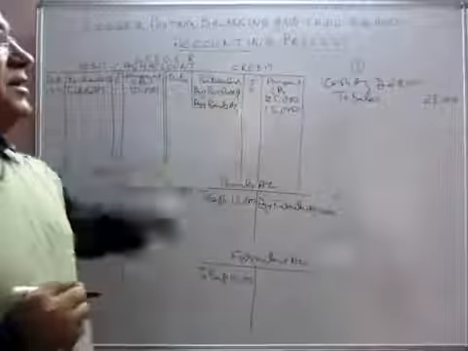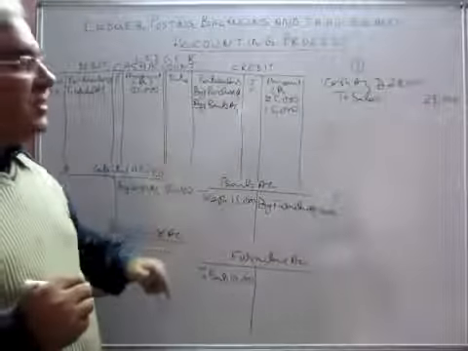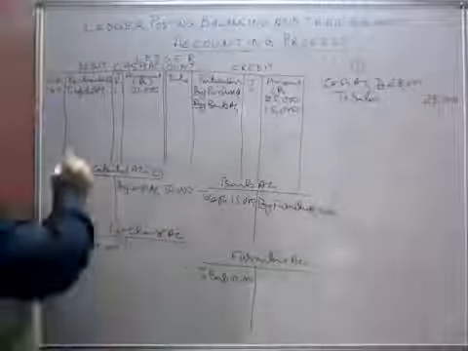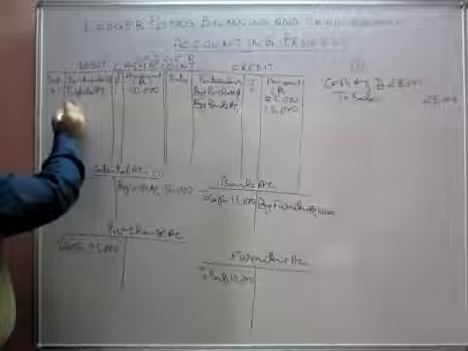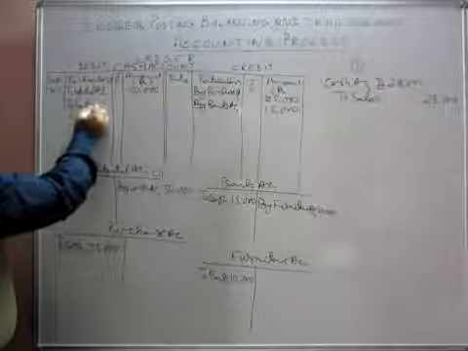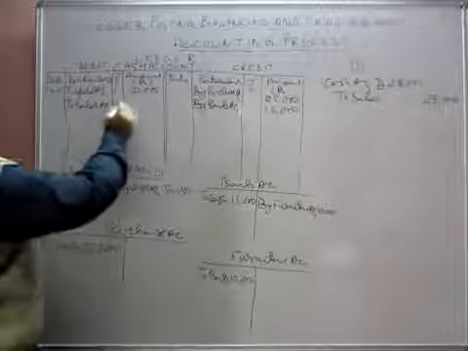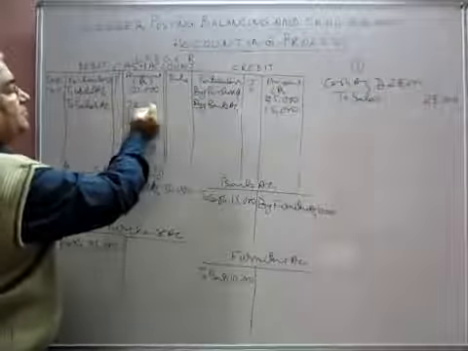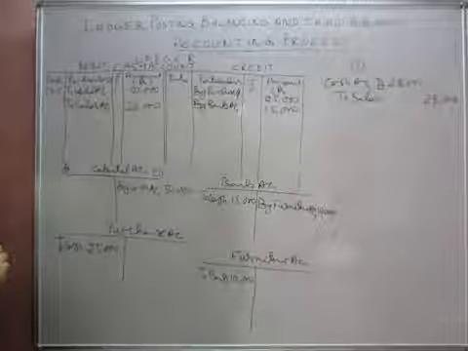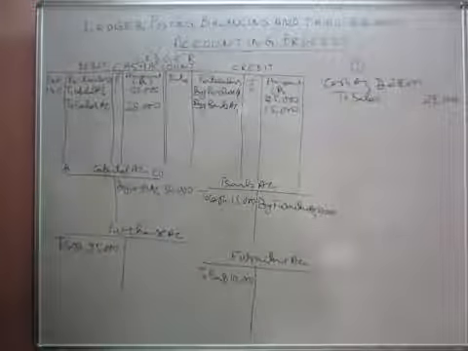Again cash account is being debited and sales account is being credited. So here it will be to sales account. How much? 28,000. And sales account is being credited by 28,000.